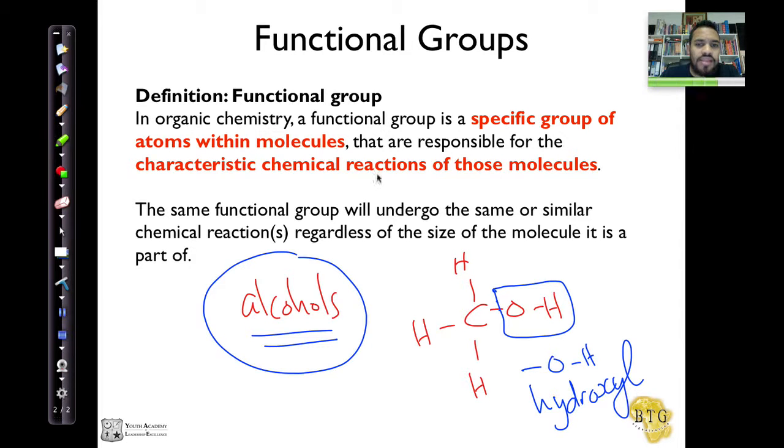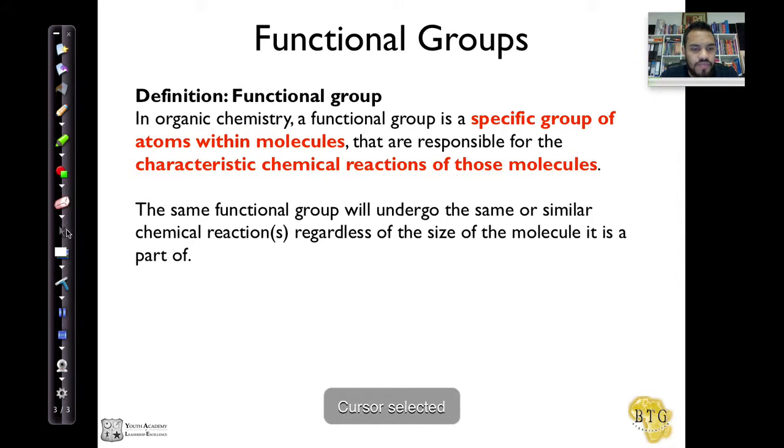These groups of atoms or even the bonds are responsible for the characteristic chemical reactions of those molecules. In other words, they're responsible for the way that these molecules will react with one another and other molecules, of course.